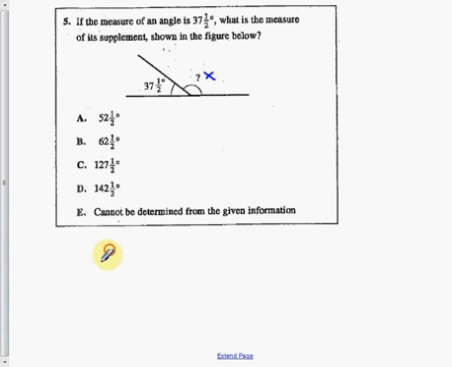So we know that x plus 37.5 degrees has to equal 180 degrees. Straight line angle is 180. So subtract both sides by 37.5 degrees, we get x is equal to 142.5.